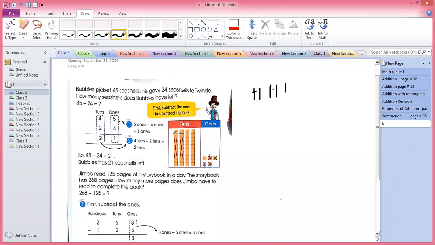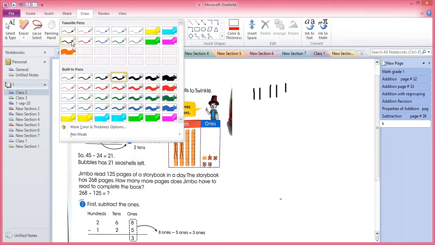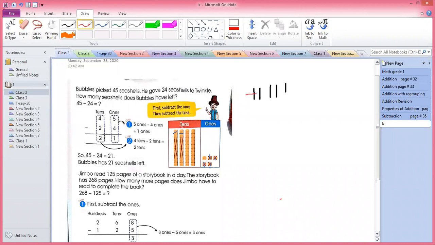How many is left now? Only 1. Okay, I can do it with a different marker for you. So you will cut 1, 2, 3, and 4. So how many remaining? Only 1. So you will write 1 here.